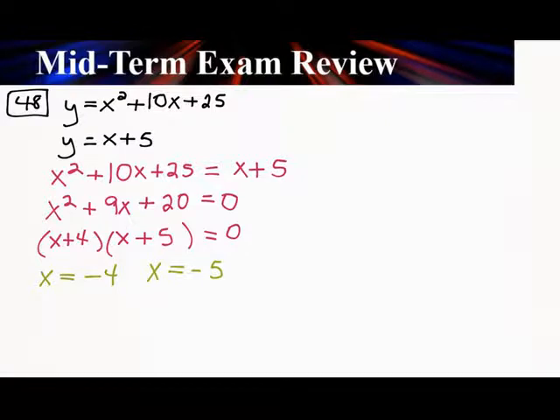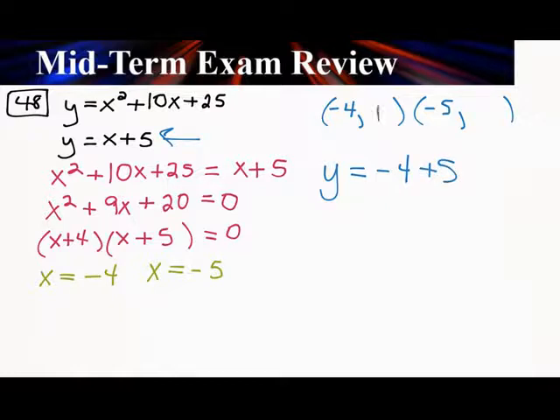Now, I'm not quite done, because what I need to do is create the intersection points for these two equations. So I'm going to put in my -4, and I'm going to put in my -5. All I have to do is plug these numbers into the easiest equation, which I would say is probably this one right here. So y equals -4 plus 5, so y equals 1.